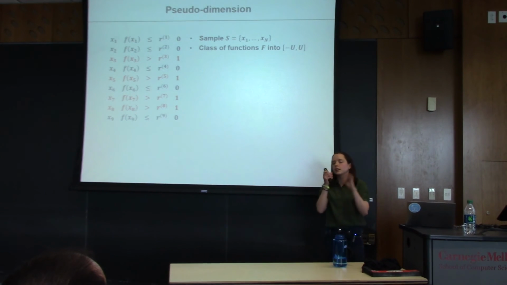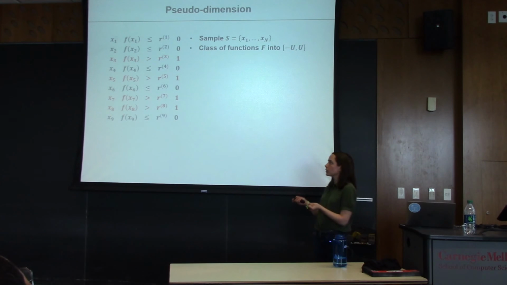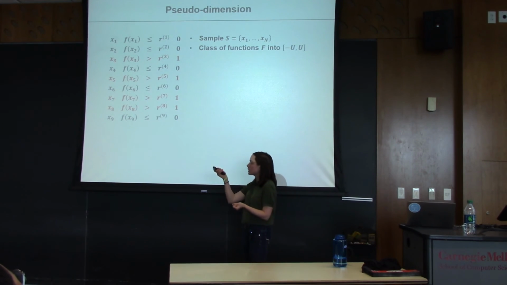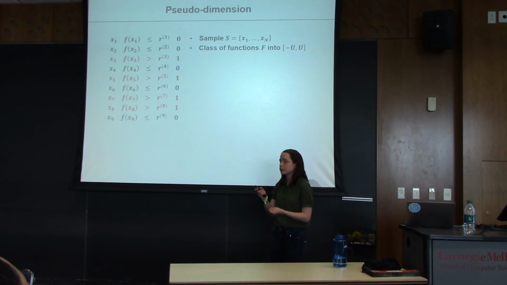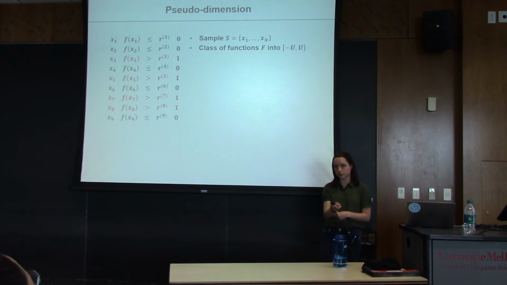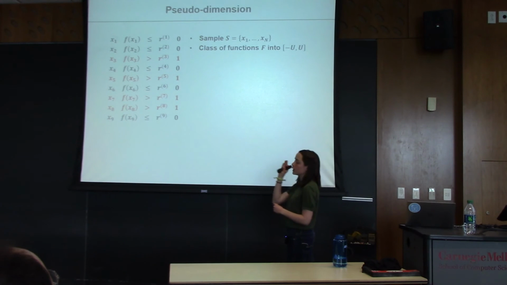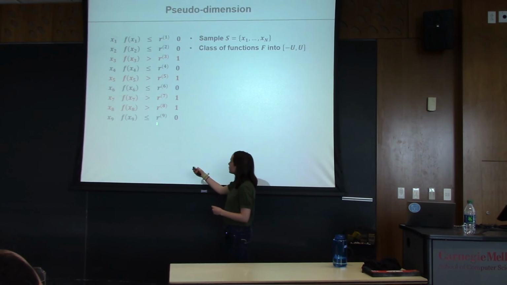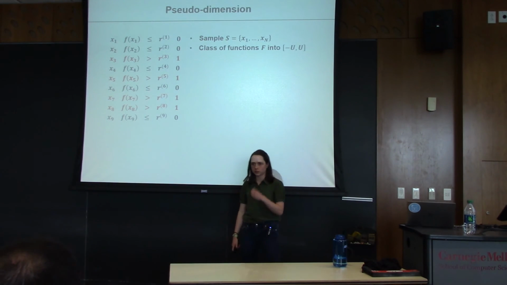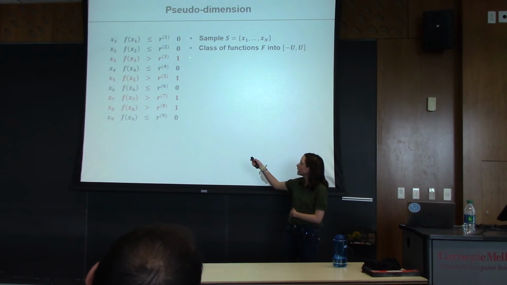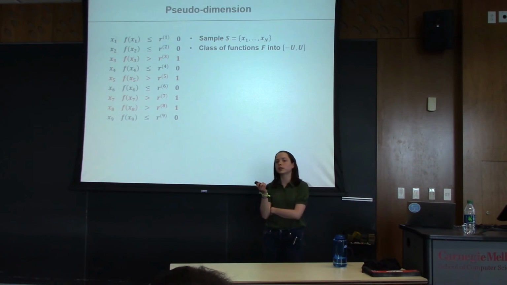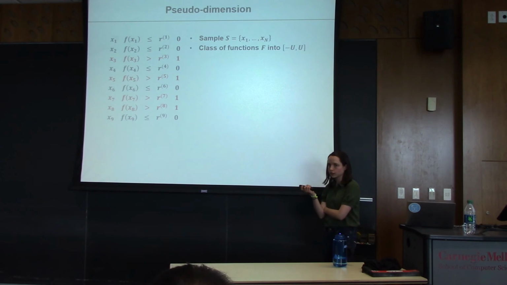If you give me a function, that function evaluated on x is labeled as 0 if it's less than its threshold, and labeled as 1 if it's greater than its threshold. In this way, I can label my points using a binary vector.